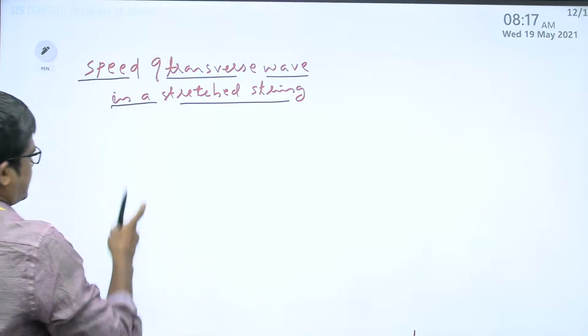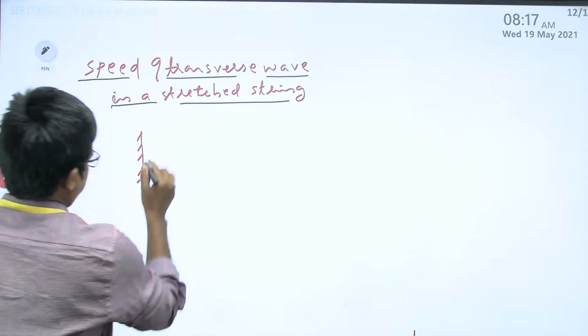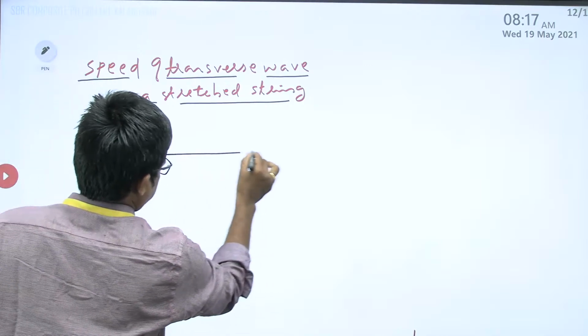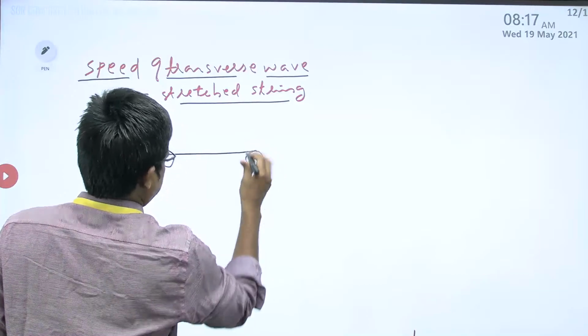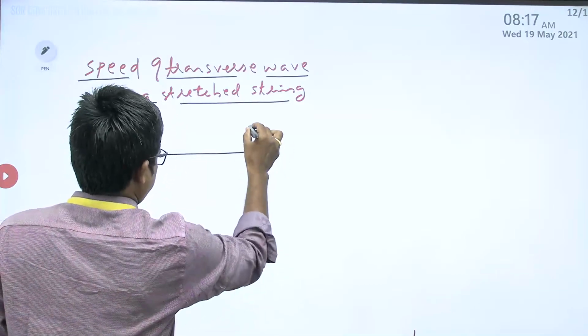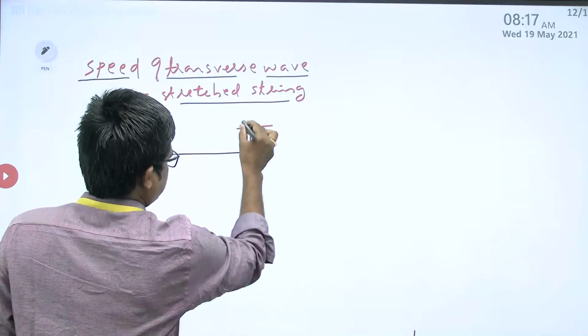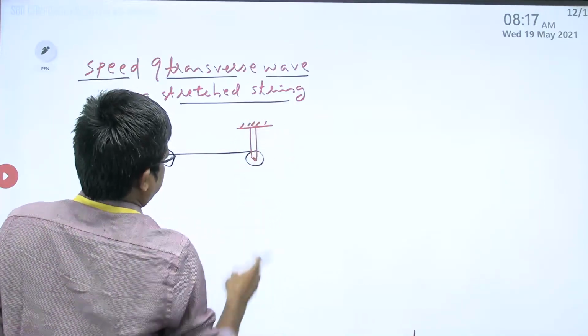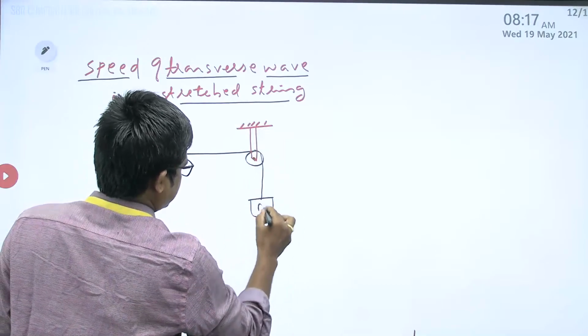Okay, see here, to a rigid surface, one thread is connected and it is passed over the pulley. This thread is passed over the pulley and here some mass has been connected.